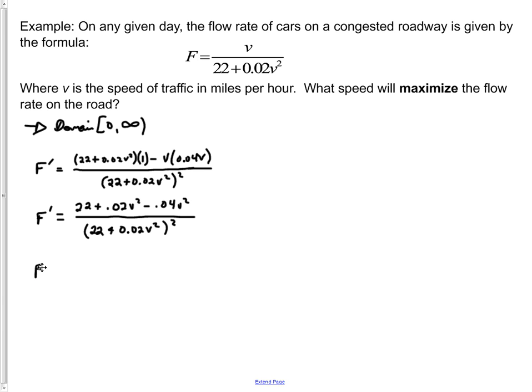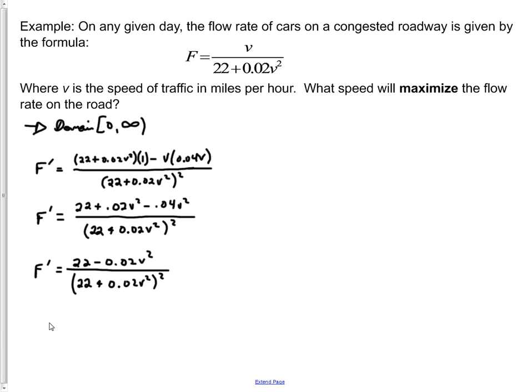Simplify one more time. F prime turns out to be 22 minus 0.02 v squared divided by 22 plus 0.02 v squared, quantity squared.